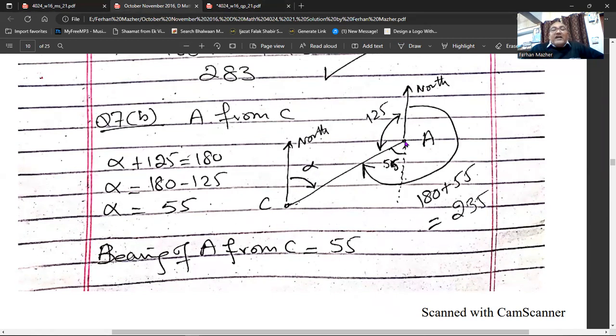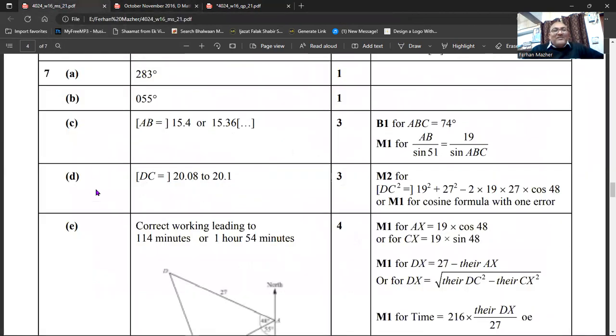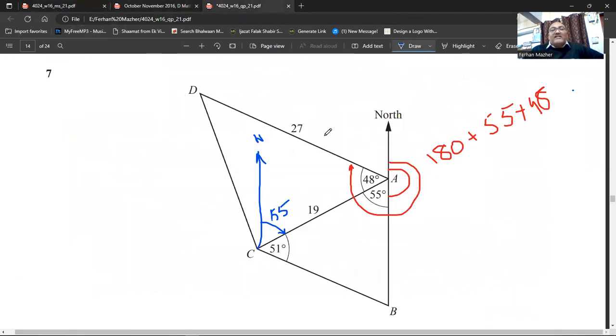So the bearing of A from C means on C you have that north, and from north you go clockwise to the CA line. That's the bearing of A from C, and that will be 55 degrees. I hope that you understand both methods. You see this and this, they were alternate to each other. That is very easy. So 55 is the answer of the B part. This is the solution, and this is also a solution.